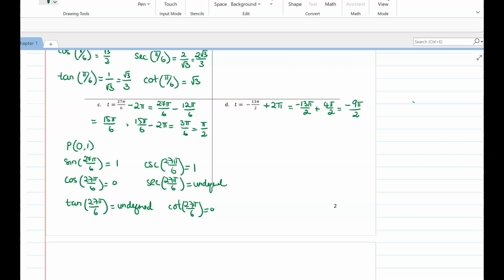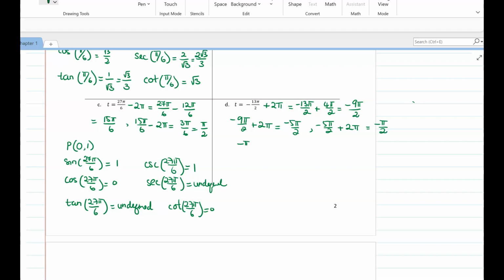Again, I will add 2 pi. That gets me negative 5 pi over 2. So one more time, negative 5 pi over 2 plus 2 pi. That is negative pi over 2.